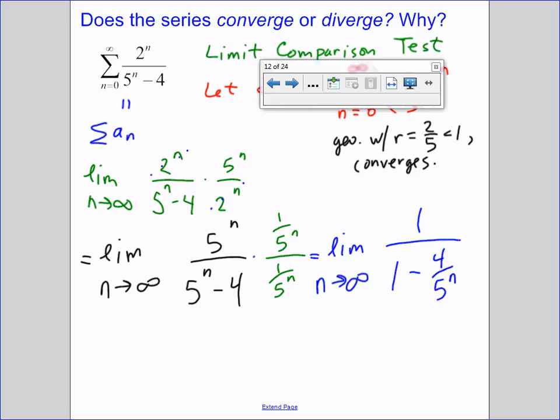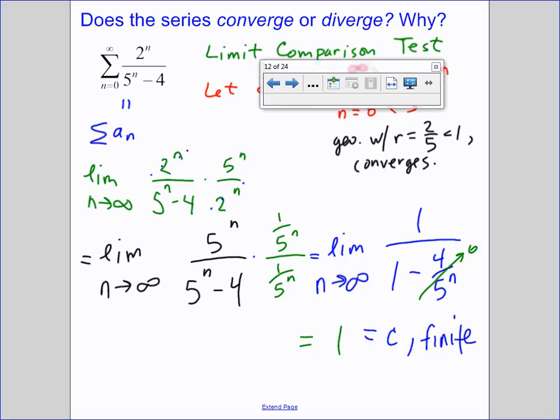We see now that this 4 over 5 to the n term, as n goes to infinity, this denominator goes to infinity, ensuring that this fraction approaches 0. Therefore, the limit of a constant is the constant, so I get 1. Is that a constant between 0 and infinity? Yes. And so this is a constant, finite value.